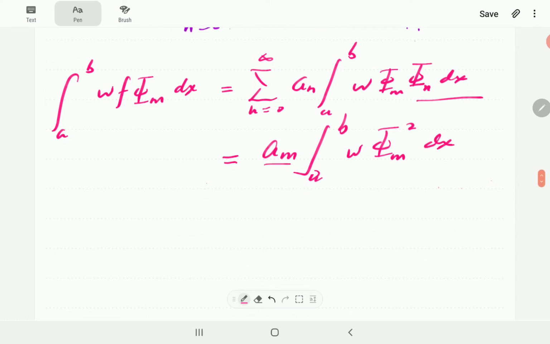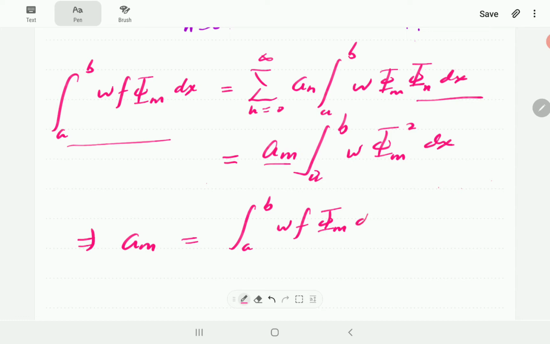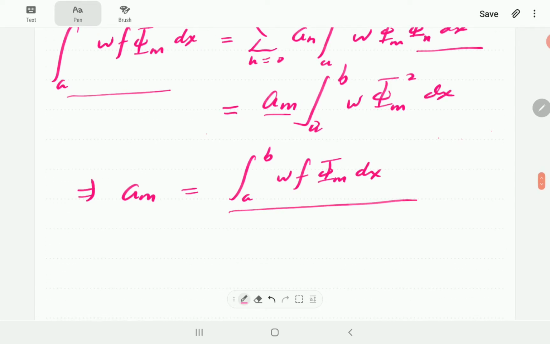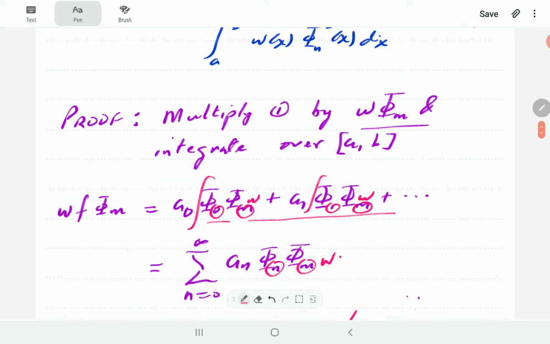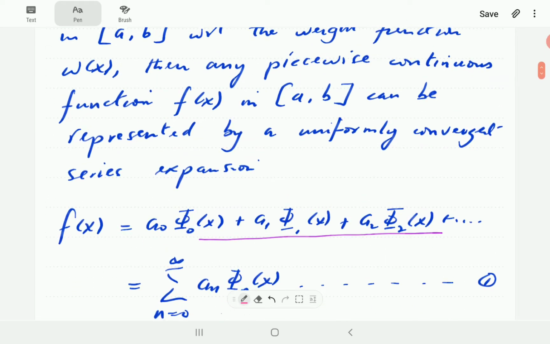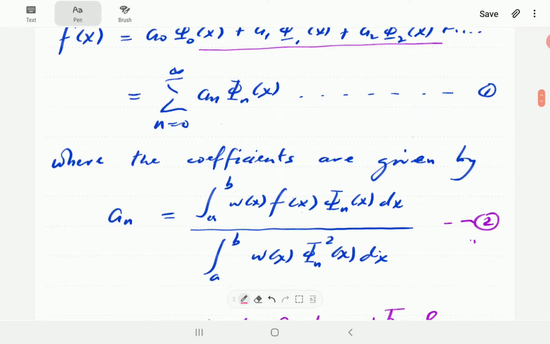And then from here we can make am the subject of the formula. So am is going to be equal to the integral of w f times phi m dx divided by the integral of w phi m squared dx, and this completes the derivation of formula number 2.